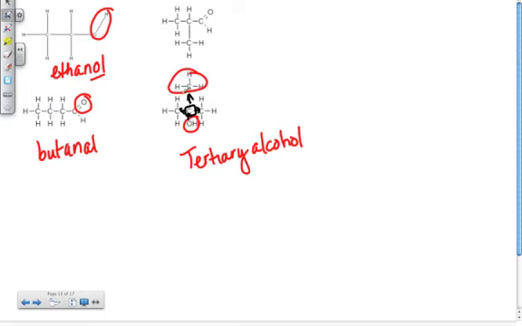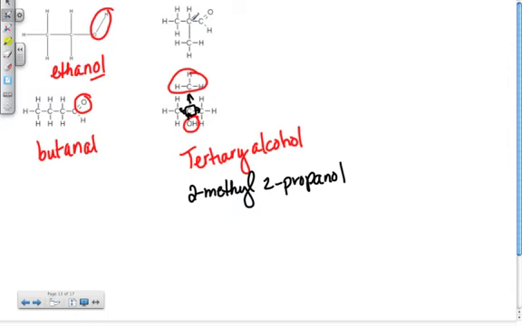Okay? If the methyl group on the top wasn't here, then it would just be a secondary alcohol because the OH is attached to a carbon that is attached to 2 other carbons. So this is a tertiary alcohol, and this is going to be 2-methyl-2-propanol. You have to tell me where the OH is.